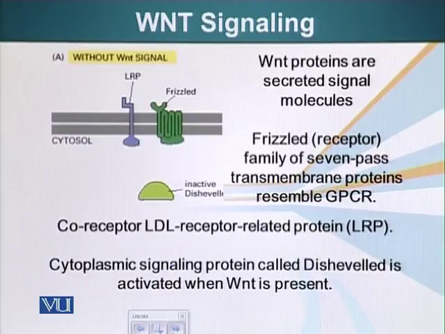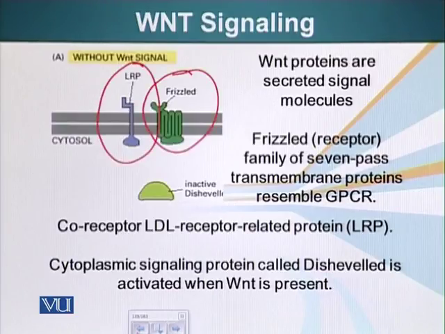So this is slightly different from the other systems that we have talked about. In this case, the ligand has to bind 2 receptors, basically the receptor and its co-receptor. When that happens, the signal is conveyed to another protein in the cytoplasm called Dishevelled.